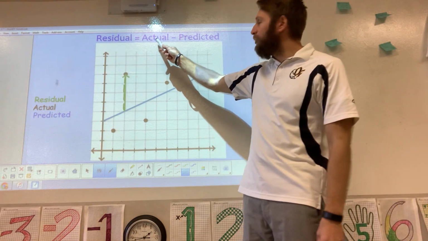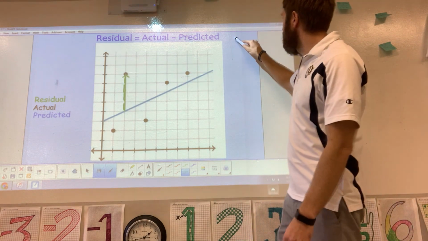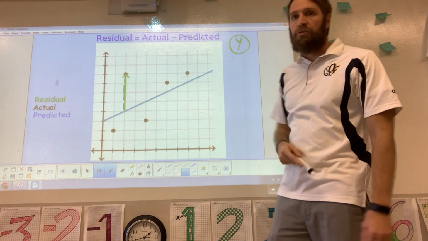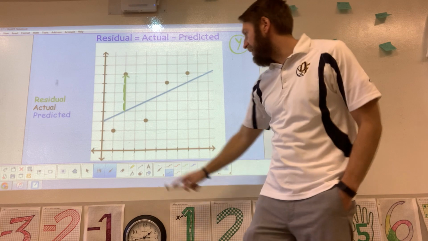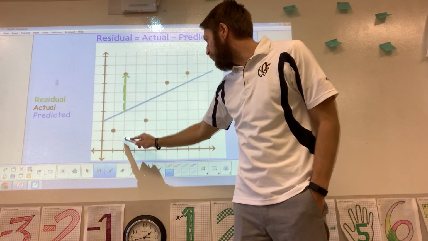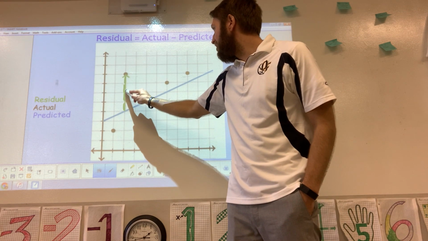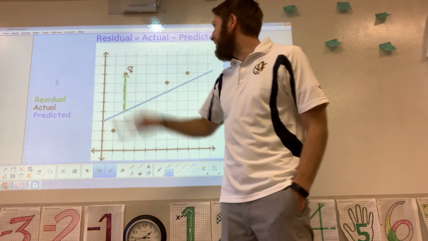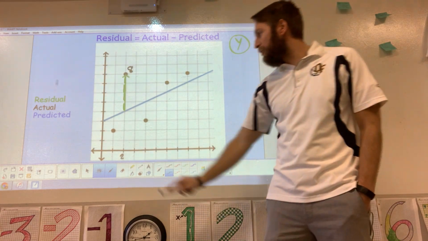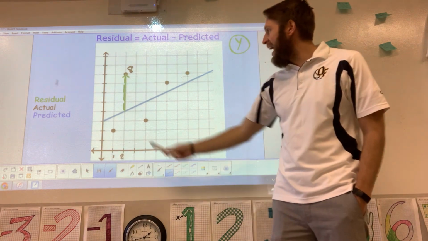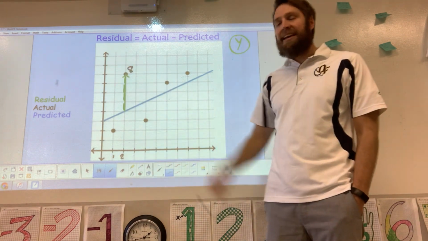You take the actual data, and all we're looking at right here is our y values. We're just looking at what is the y value. So we're going to go ahead and take the actual data. So this point right up here is 8 is the actual data. I don't know if that was person number 2 or day 2 of tracking data, but the actual value that they had was 8, right?